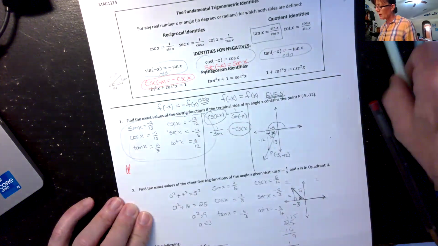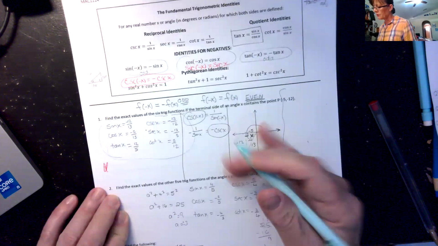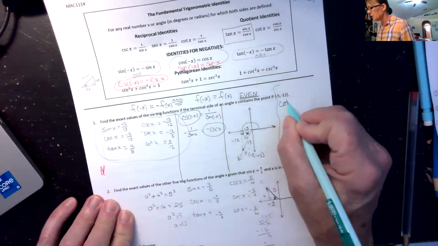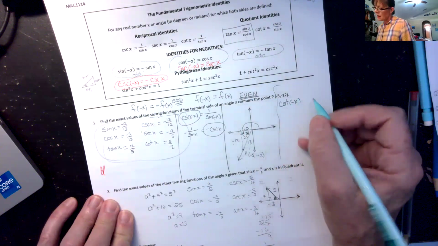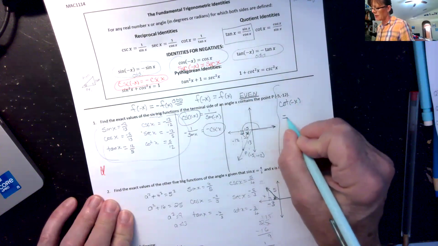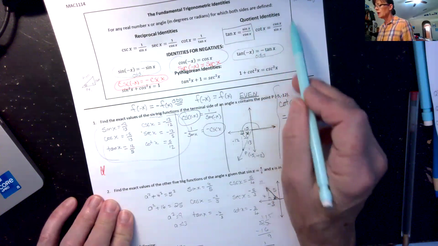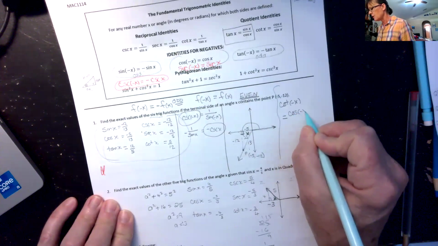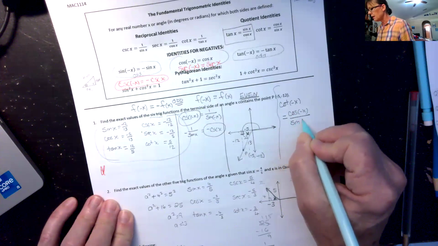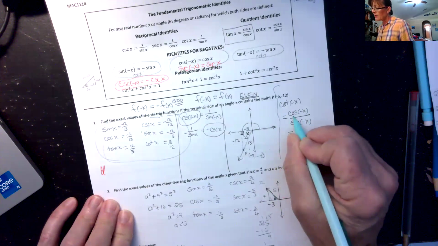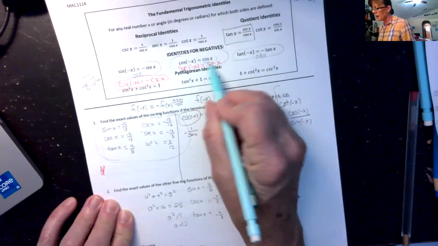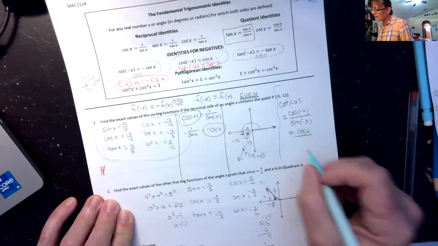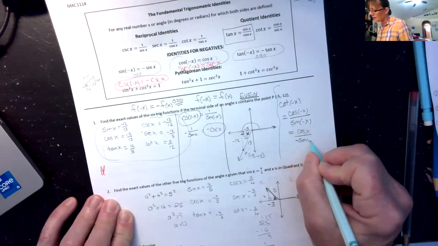Let's figure it out for the cotangent of negative x. What happens here? Using the quotient rule, cotangent is equal to the cosine of an angle divided by the sine of an angle. We know that the cosine of negative x is really just regular cosine of x, and we know that the sine of negative x is negative sine of x.